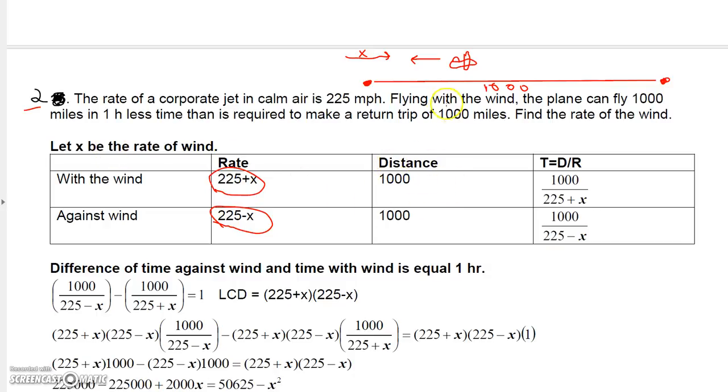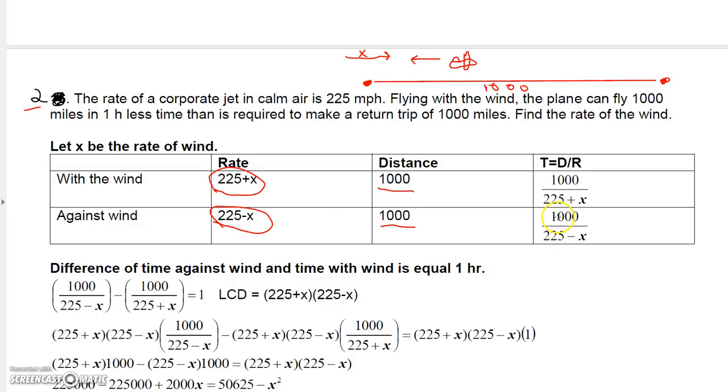Now, the distance it's going to go to this destination, then it's going to return. So the distance is 1,000 on both ends of the trip. Now, time is actually distance divided by rate. So the time that it takes the plane to fly the trip with the wind is 1,000 over 225 plus x, distance over rate.